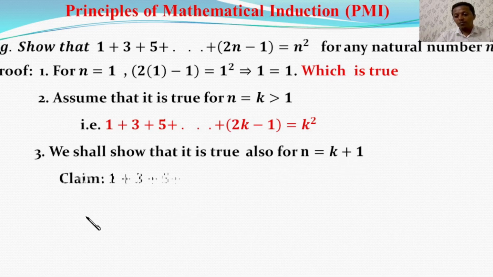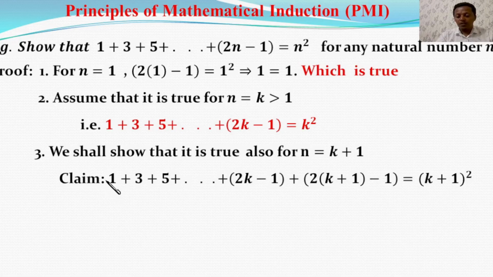This is our claim. We are claiming the statement is true for n is equal to k plus 1. That means the sum of the first k plus 1 odd natural numbers is equal to k plus 1 square.